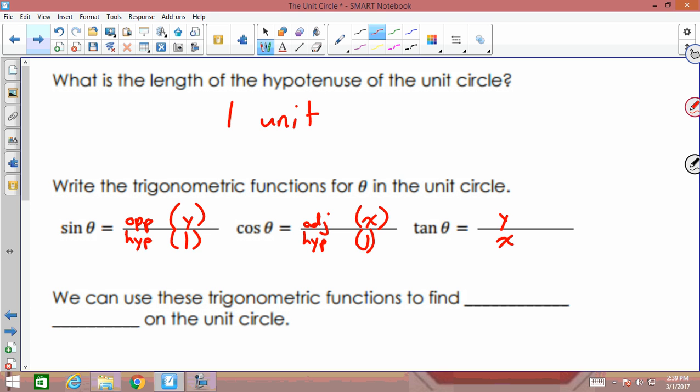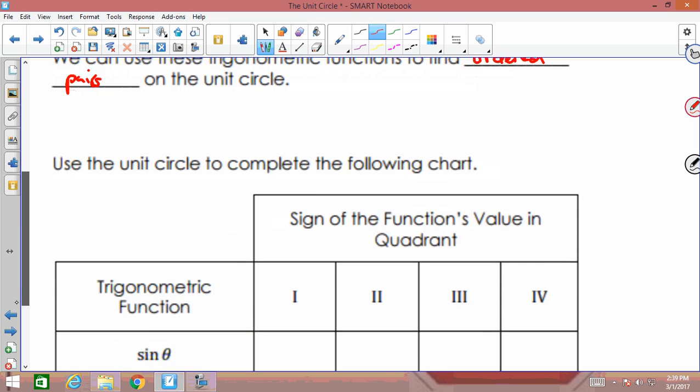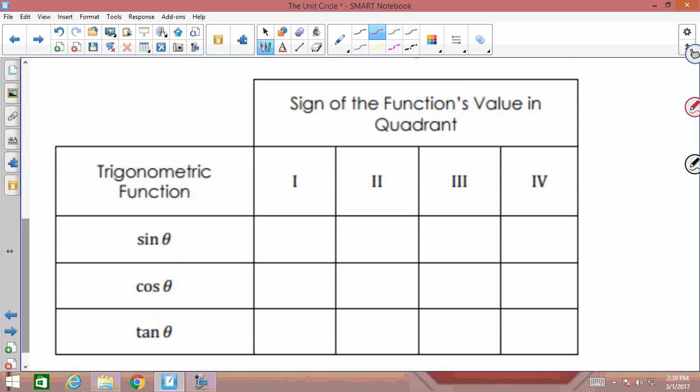We can use these to find ordered pairs. Okay, so ordered pairs on the unit circle. We're going to use this to find the sine. So remember the sine is y. The cosine is x. The tangent is y divided by x. So in quadrant 1 of our circle, the y value is always positive.